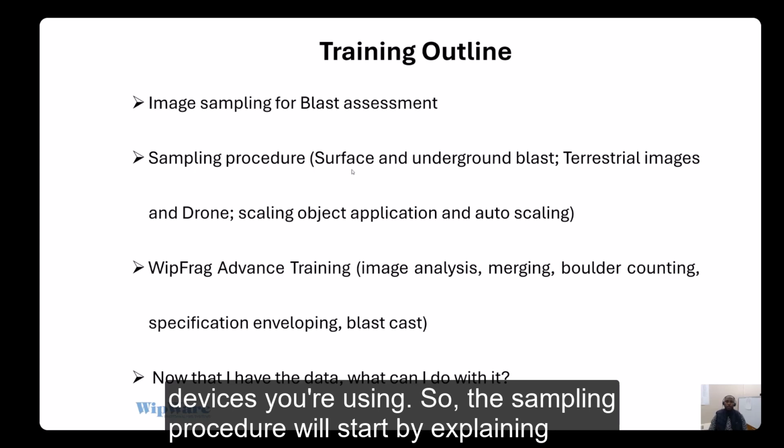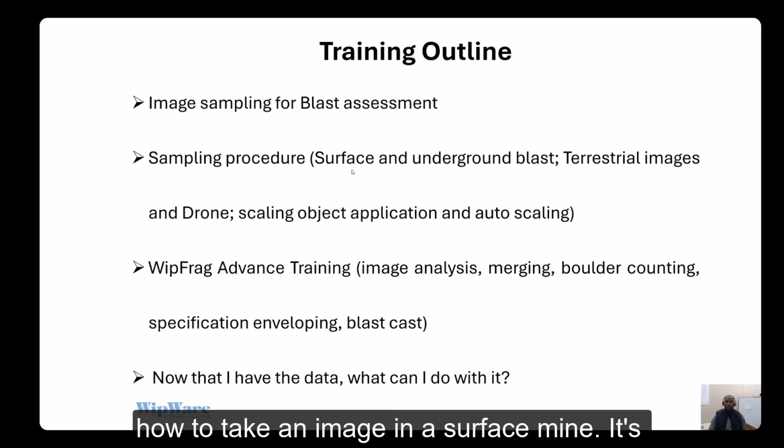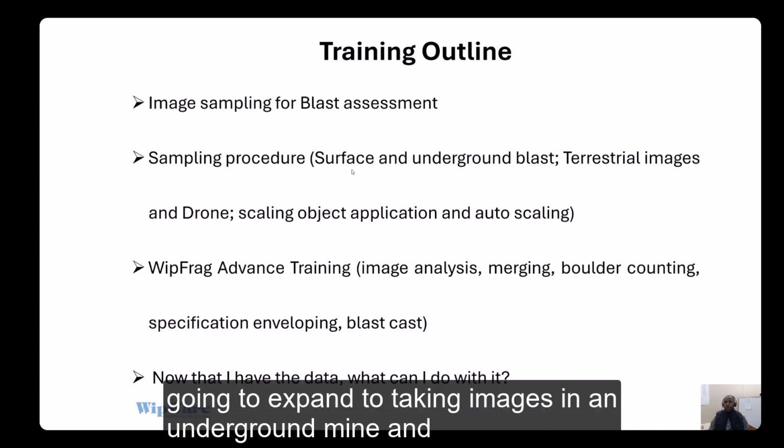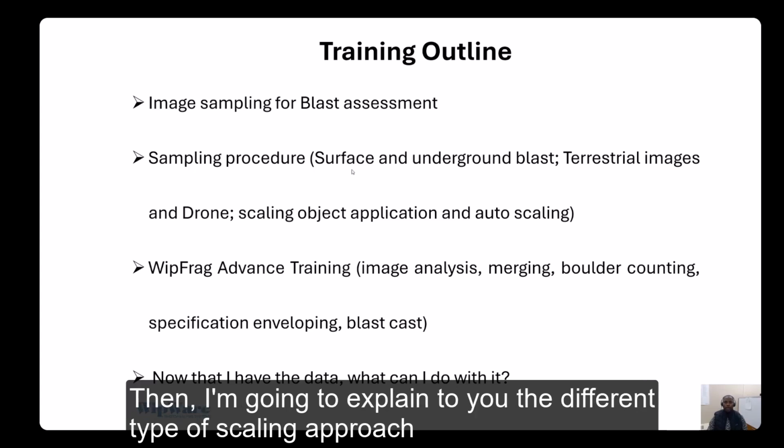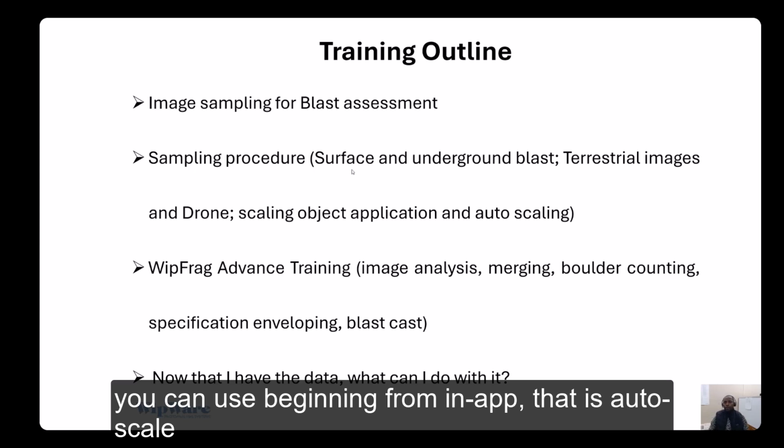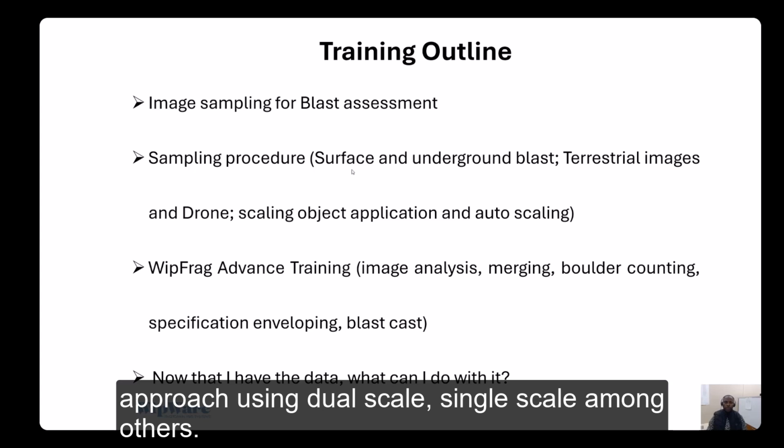The sampling procedure will start by explaining how to take an image in a surface mine. It's going to expand to taking images in an underground mine, and taking images either as terrestrial images or as drone images. Then I'm going to explain the different types of scaling approach you can use, beginning from in-app, that is the auto scale approach, using dual scale, single scale, among others.